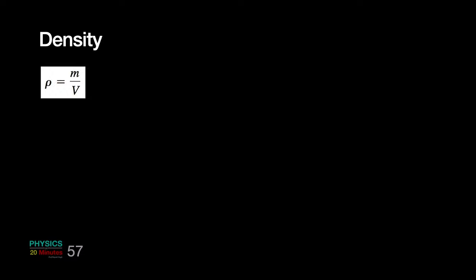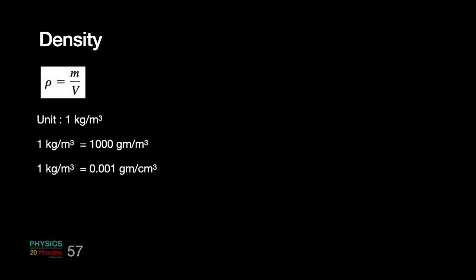Once you go to a higher level, you will study many other types of densities as well, like linear densities, areal densities, charge densities, etc. Don't get confused. We are talking about the mass density, and the mass density is sometimes simply written as density. The unit is kilogram per meter cube. So 1 kg per meter cube is equal to 0.001 gram per centimeter cube.